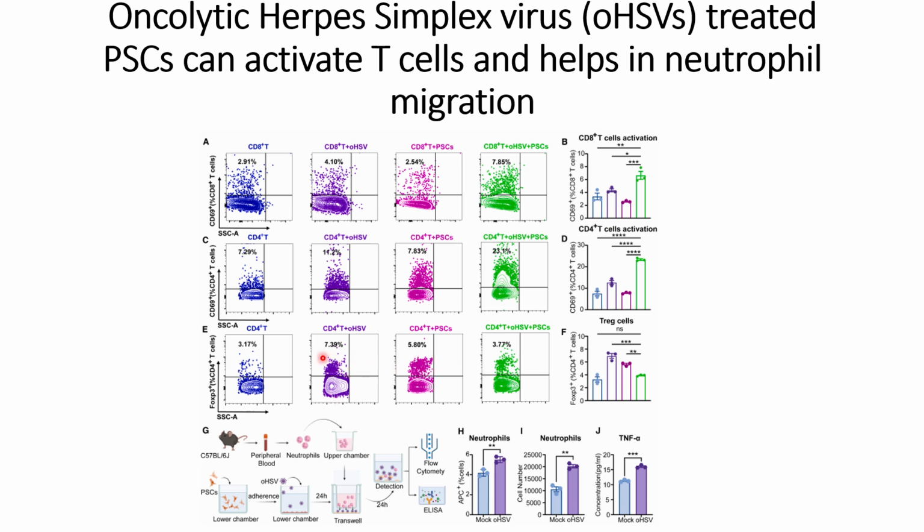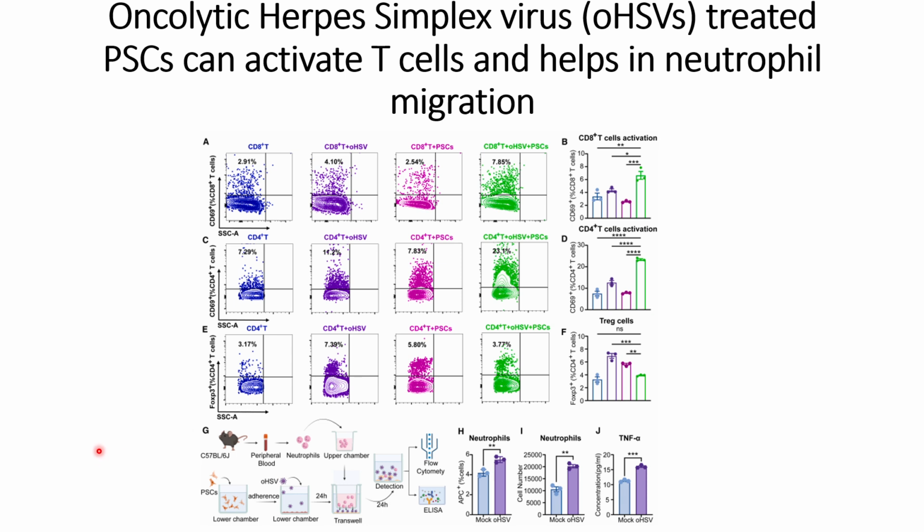However, when the CD4 plus T cells are co-cultured with oHSV treated PSC, they see a decrease in regulatory T cells to almost half. This is quantified in the panel, where the regulatory T cells are suppressed significantly compared to control, indicating that the virus not only helps increase antigen presenting markers, but also suppresses tumor proliferation or immune suppression markers.